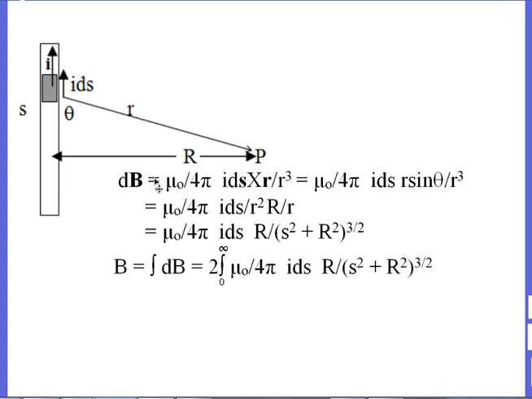Whatever it is you said was for this dB would be the same for all the other dBs, for all the other infinitesimals of current. So I'm going to add them all up to get what the magnetic field is there, and what I'm going to do is go from the middle of the wire out to infinity instead of going from negative infinity to infinity, and so I'll do that twice.